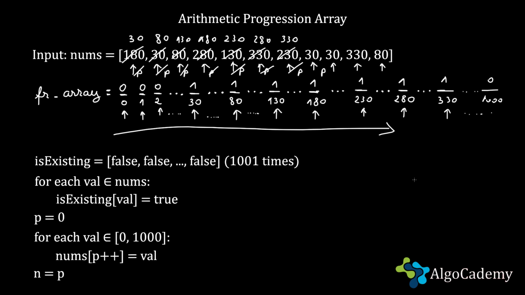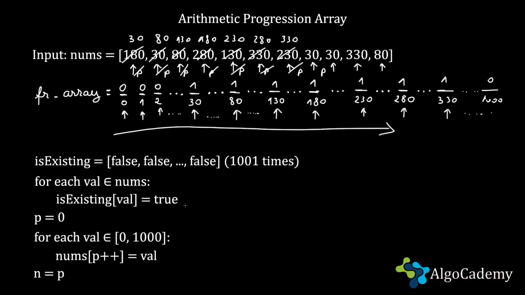And look how simple the code for this is. I'm creating an array which is filled with only false values, right? This is a Boolean array which has initially 1001 values of false, for each and every value from 0 up to 1000. Then I iterate through the nums array, and for each value in this array, I mark that value as existing, so is existing at val equals true.